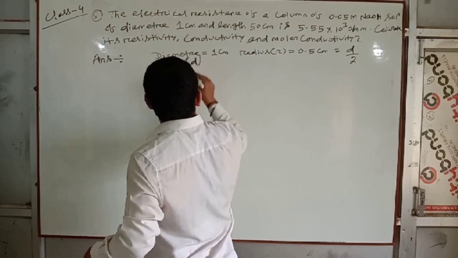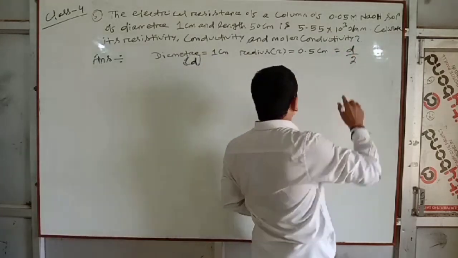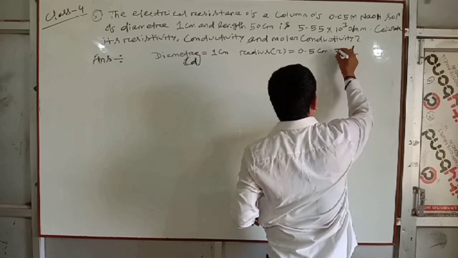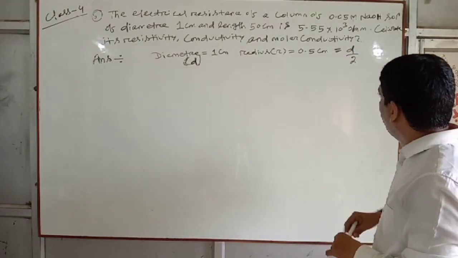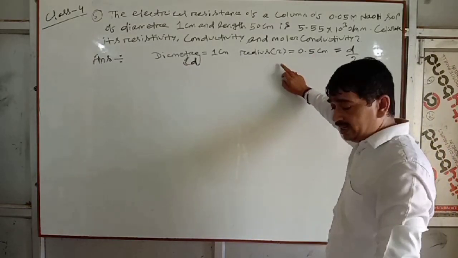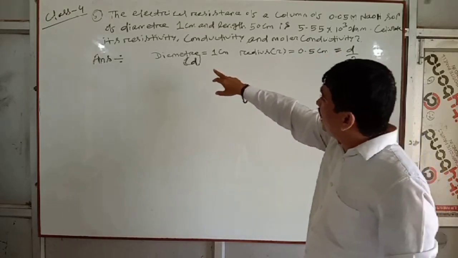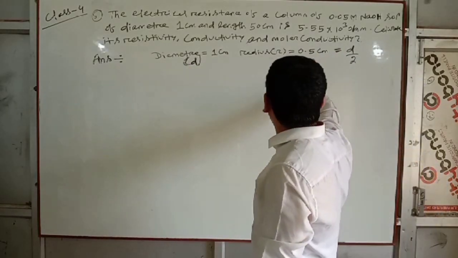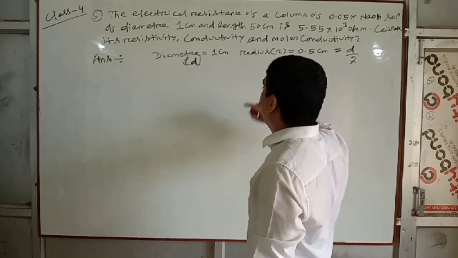Diameter d equal to 1 cm. Radius r equal to d by 2, so that is 1 cm by 2, that is 0.5 cm. So diameter is given, we are calculating radius. Radius is d by 2, 0.5 cm.